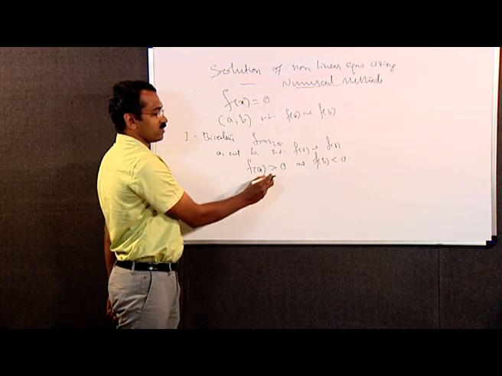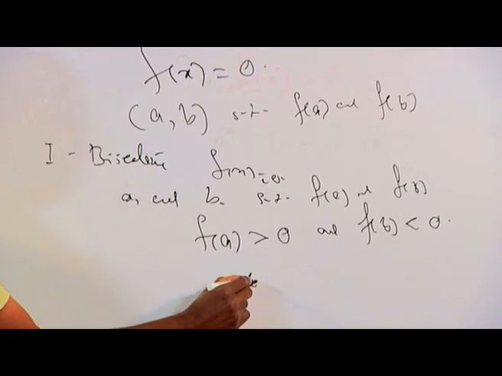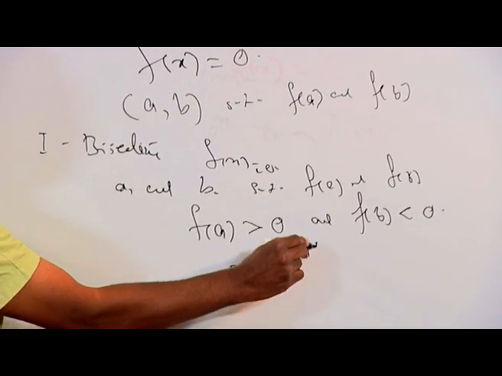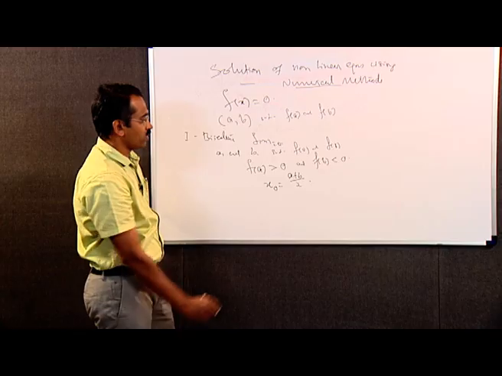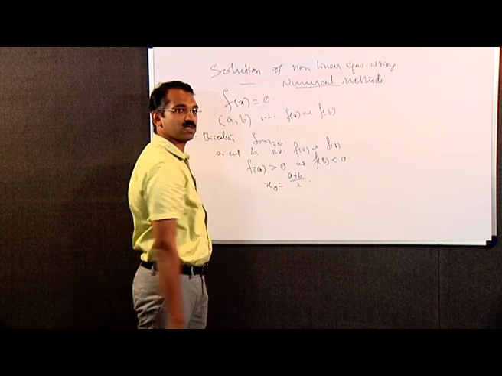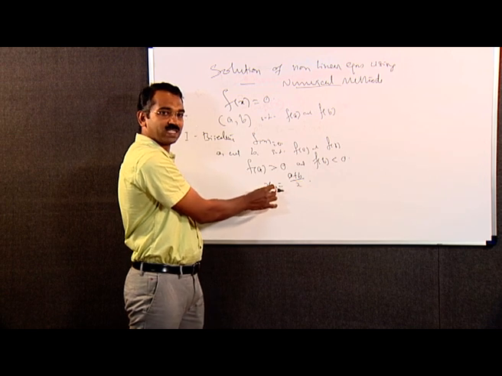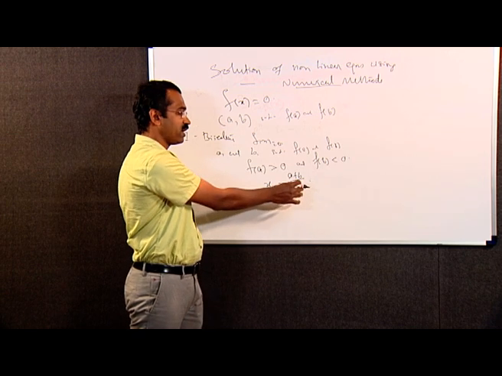Now, we bisect the interval a b, that is x naught equal to a plus b divided by 2, which may be taken as the approximate root of the equation f of x equal to 0. That is, we can take first approximate value of the exact root as this bisected value x naught.